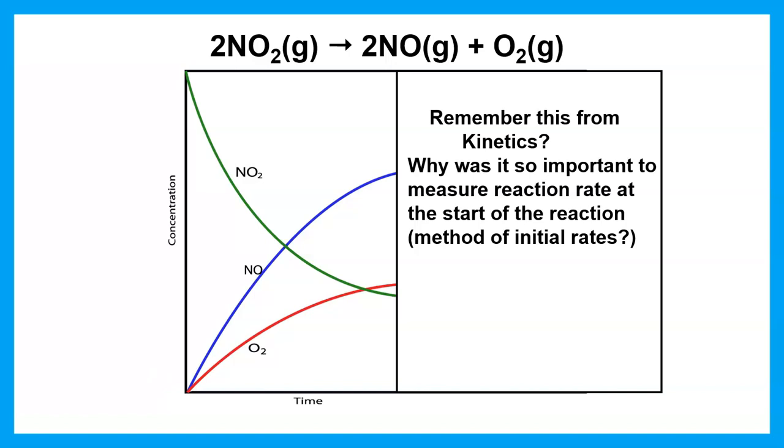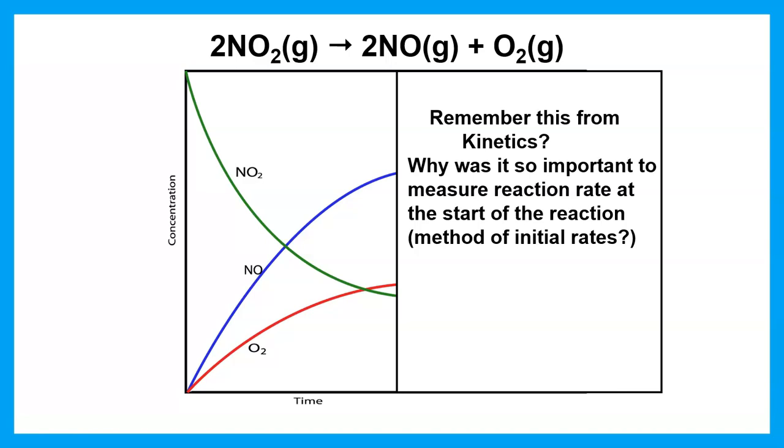If you remember this graph from Kinetics, it was really important that we took the instantaneous rate when the reaction first began. Remember we did those problems where you had a bunch of rows of data that showed you the concentrations changing and then you had the instantaneous rates?